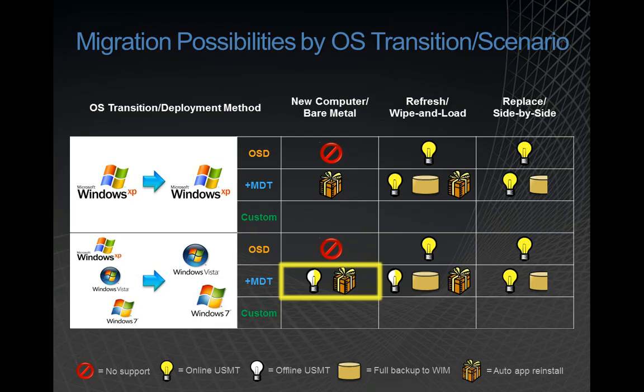Yet for many common configurations and scenarios, it still only provides for online user state capture functionality. Offline user state capture with MDT is only supported by MDT's user-driven installation, often abbreviated as UDI mode, and only when deploying Windows 7.